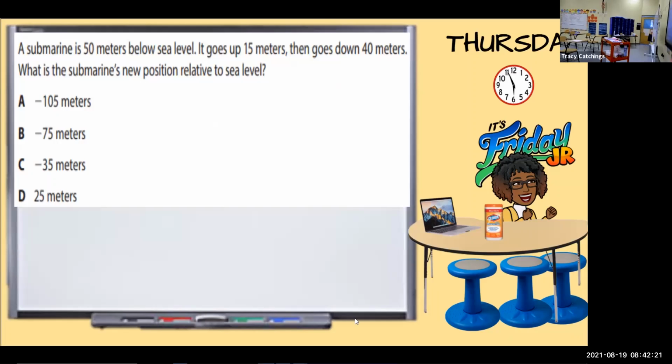All right, I'm gonna give you about 30 seconds to a minute. See if you can read the scenario, write an expression, and solve the expression you found.